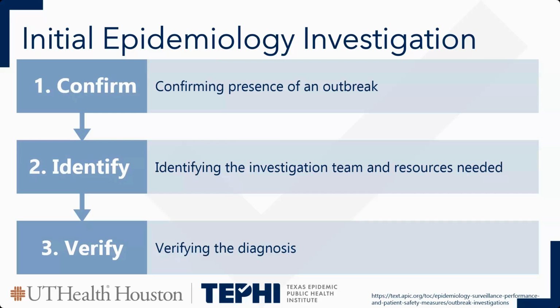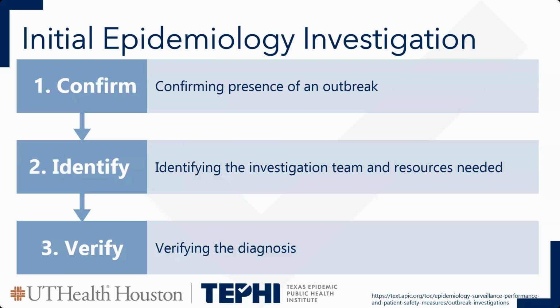The next step is that you identify your investigation team and your resources. At first you're saying there is an issue. What possible resources will I need to handle this issue, and how do I start acting proactively instead of reactively? You're starting to see there's a problem, so you make sure you have your PPE, your staff, your policies and procedures, and you know where to look so you can start handling the situation for the pathogen that's present.